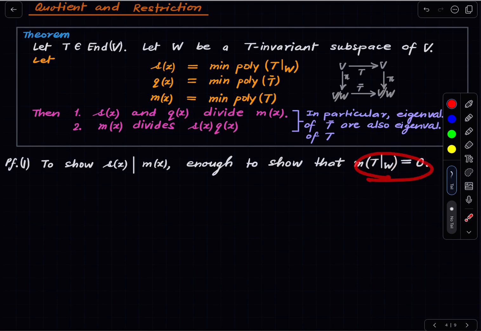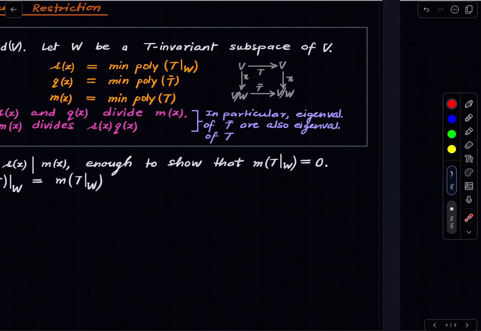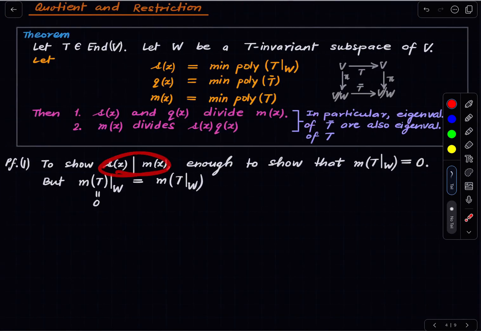So this is our goal, but if you have solved the star mark problem, we know that this is equal to M(T) restricted. This is 0 because that is 0, and hence this is 0, so we are done. So this proves this particular deduction.